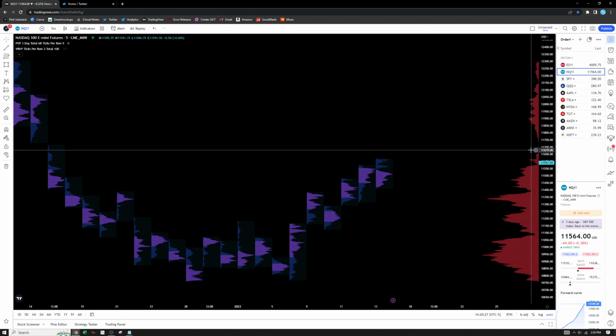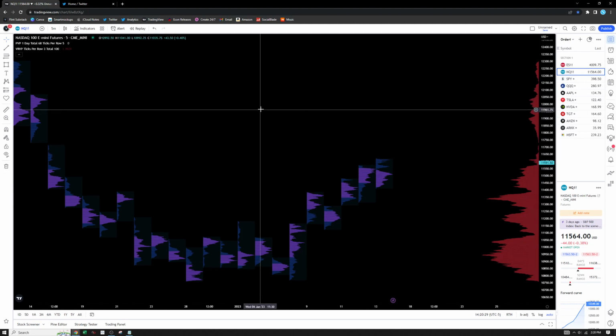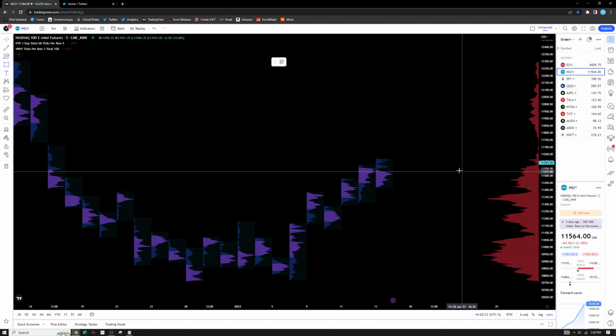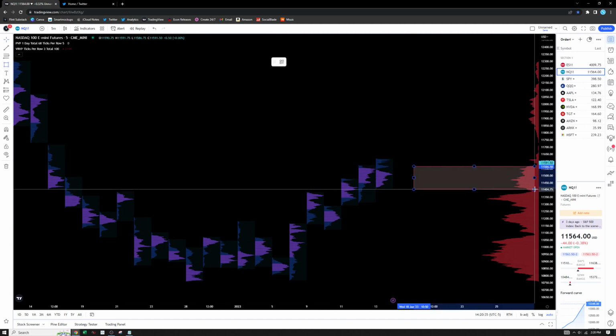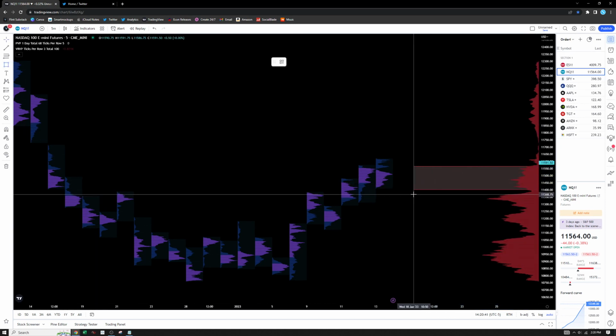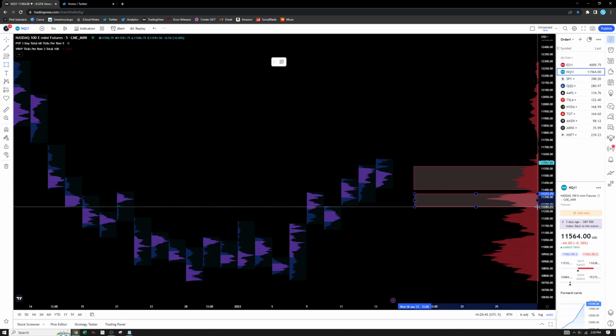Look at that low volume node we have right above. Okay, so massive node here. Another massive node here.